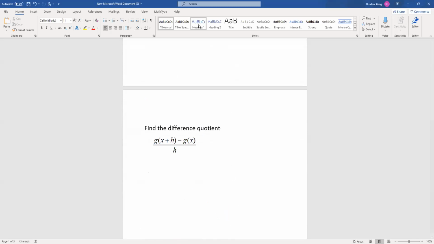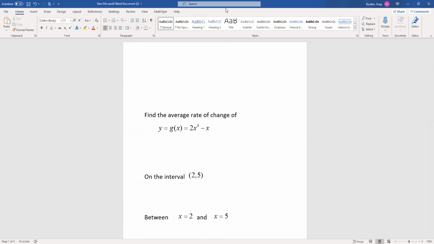I'll change the screen share here to the whiteboard and then we'll look at the algebra involved here. What happened to my whiteboard? Okay, so hopefully you guys are seeing the whiteboard.